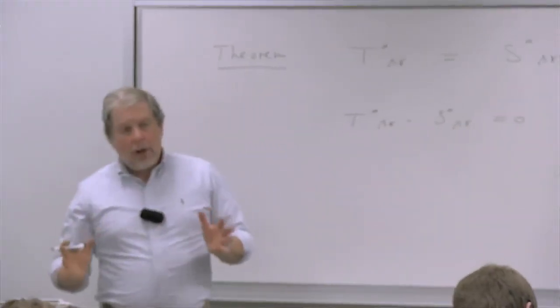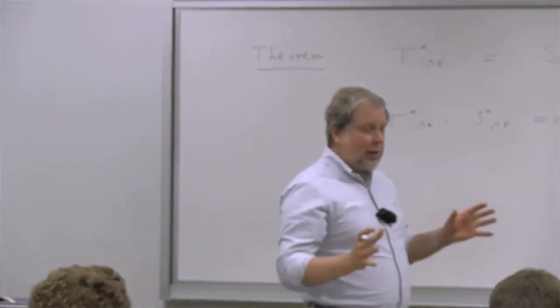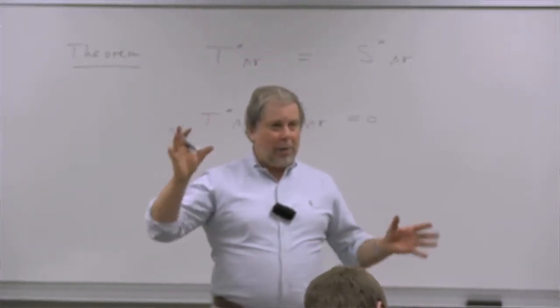So if they have the same number of indices, then the equality of these two tensors is a Lorentz invariant statement. If they're equal in one frame, they'll always be equal.